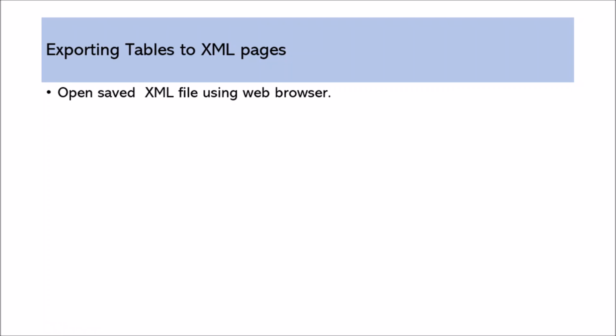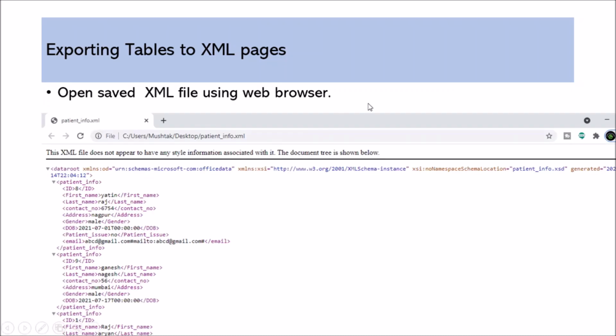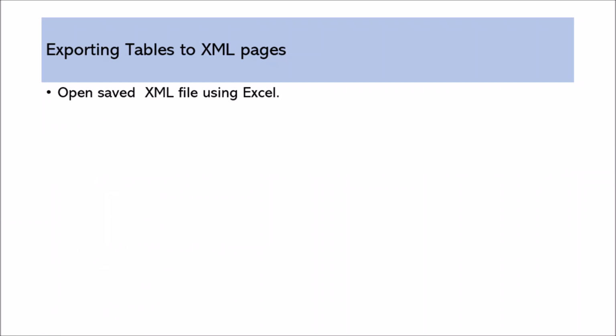Whenever you are opening the file, that is the table saved in XML file, you will see the XML document like this. This is the XML file. Whenever you are opening the XML file in a web browser, the display will be something like this. Another way of opening the XML file is to open it in Excel. So you can open this XML file using Excel also.